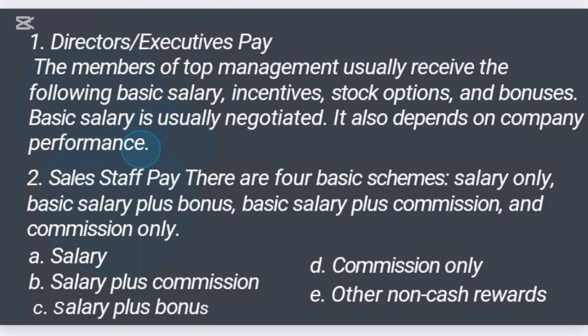Number 1. Directors' and executives' pay. The members of the top management usually receive the following: basic salary, incentive stock options, and bonuses. Basic salary is usually negotiated. It also depends on company performance. Bonuses and incentives are commonly paid as a percentage of basic salary.